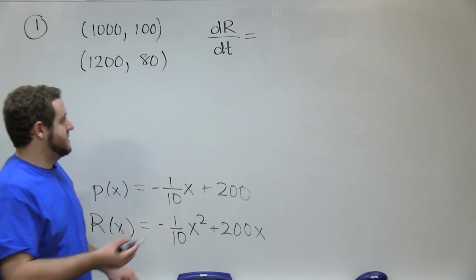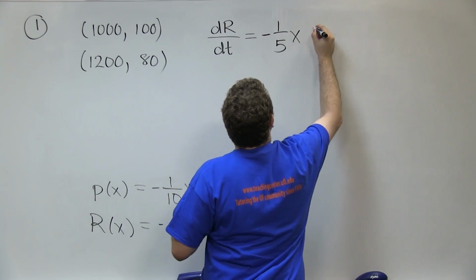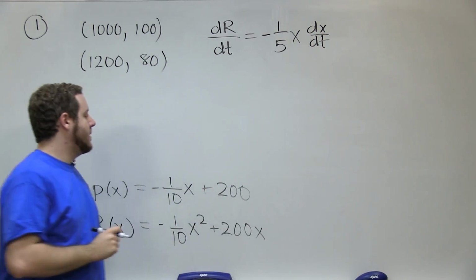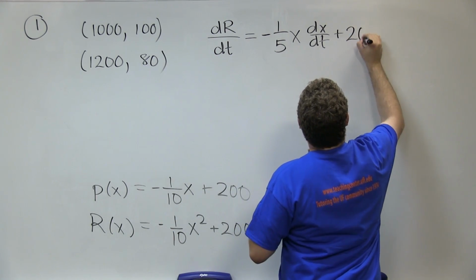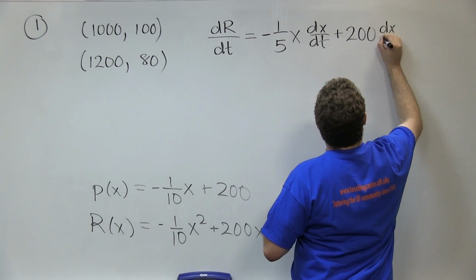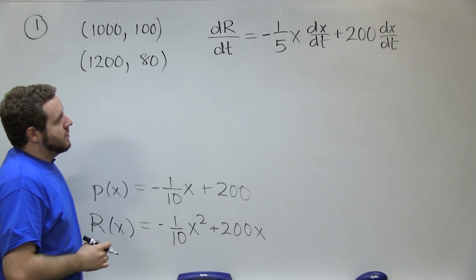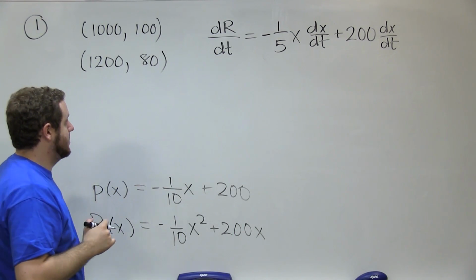So the derivative of this term was negative 1/5 x, but now it's times dx dt. And the derivative of 200x was 200, but now it's 200 dx dt. So our derivative looked pretty similar. We just have that extra dx dt term.